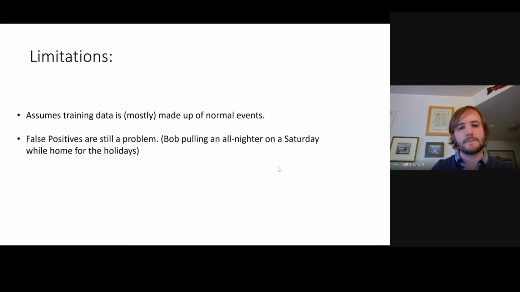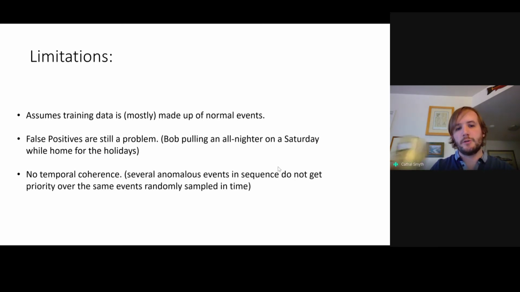All right. So another limitation is temporal coherence. This algorithm doesn't take into account time or dynamics. So several anomalous events in sequence do not get priority over these same events occurring randomly across time.